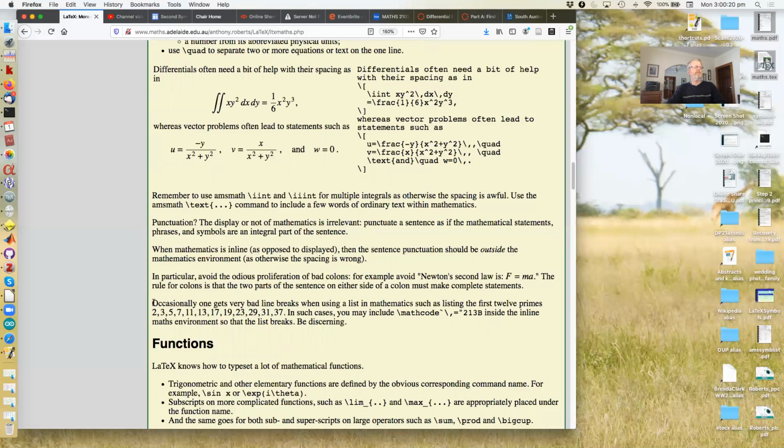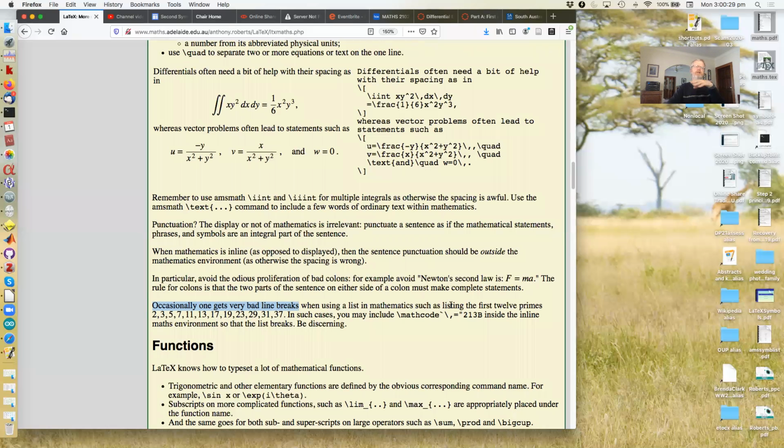Right, what else have I got? One last thing. Occasionally we get very bad line breaks with inline mathematics. So if you've got a list of comma-separated maths, might be a list of symbols, might be vector components, might be a list of the first 12 primes, such as these. There's a big chance that a list like that will need line breaking.